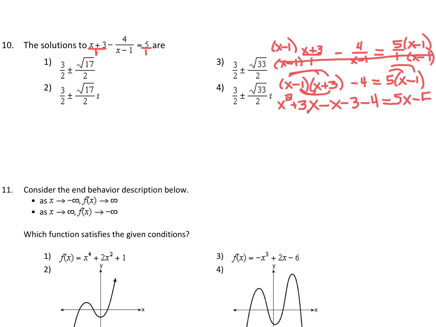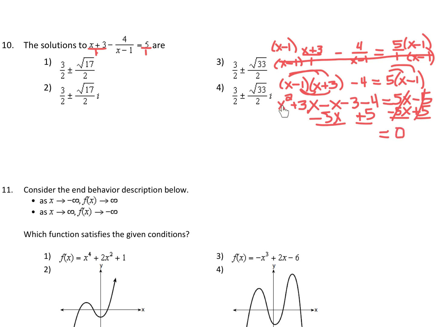Now I know I need to combine my like terms, and I also know I need to get one side of the equation set equal to 0. So I'm going to do that all at once. Let me subtract 5x from both sides. And I'm going to add 5. On the right-hand side of the equation, that all cancels, giving me 0.